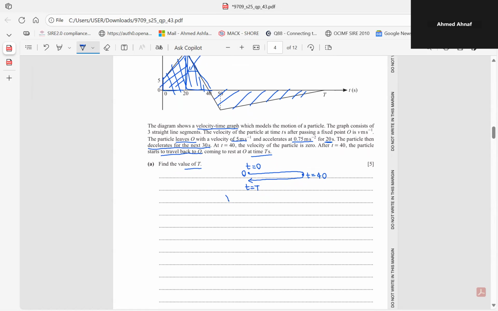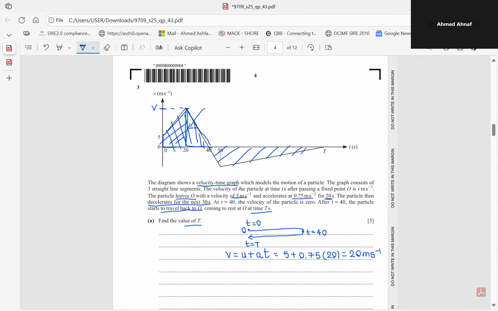So we can use the formula v = u + at to find V, where u is the initial velocity, 5, plus the acceleration 0.75 times the time, 20 seconds. Typing this into your calculator, you'll get 20 meters per second. So this we can rewrite as 20.